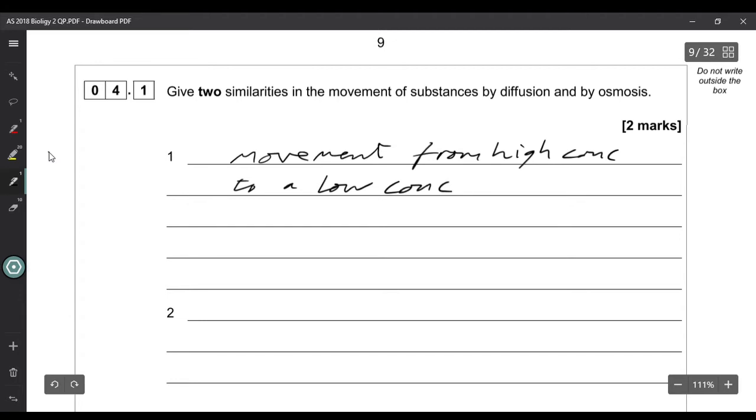In the case of diffusion, this might be a high concentration of a solute to a low, and in the case of osmosis, it's the movement of water from a high concentration of water to a low concentration of water. The other thing about both processes is they don't require energy, so it's not an active process.